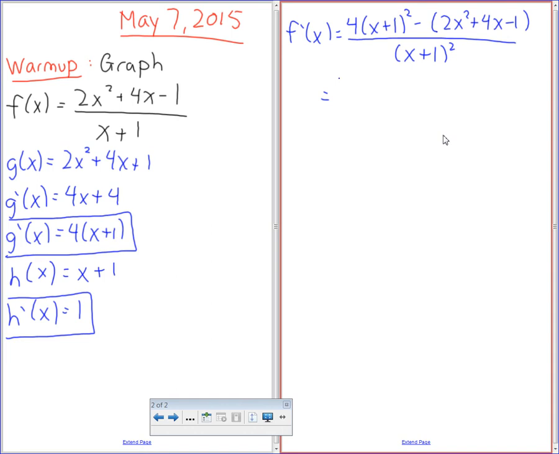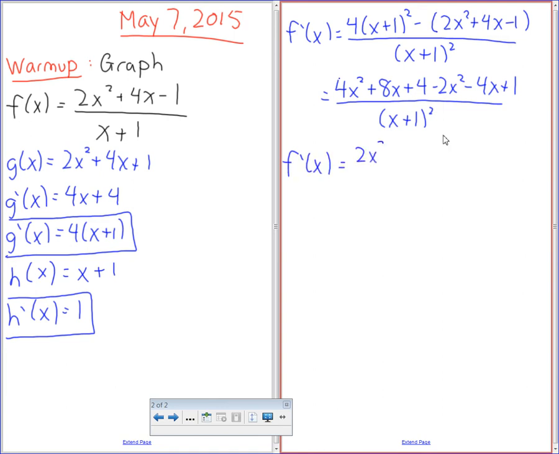Go ahead, the left-hand side. 4x squared plus 8x plus 4. Okay, so if you look at what I did there, I just foiled, and I changed the sign of everything on the right-hand side. So we got f prime of x equals 2x squared minus 4x plus 3 all over x plus 1 squared.